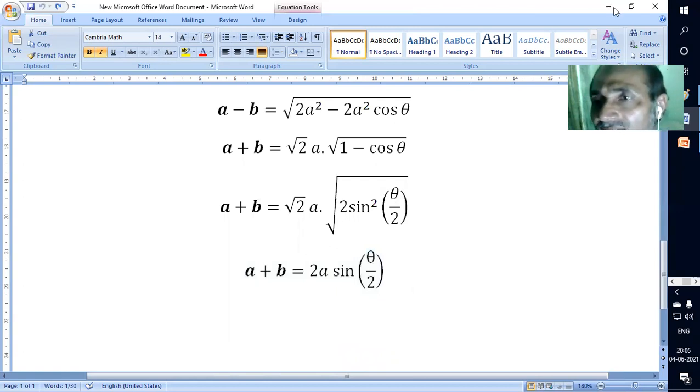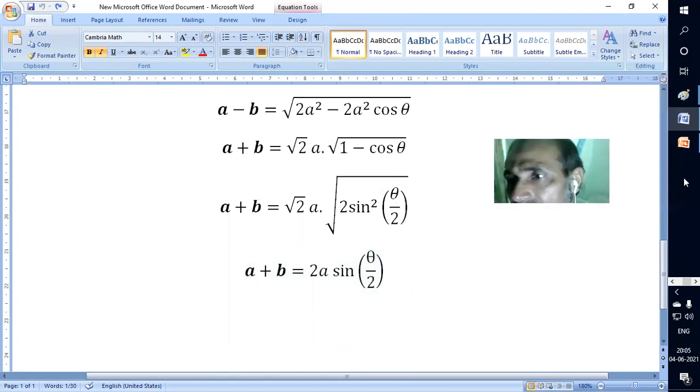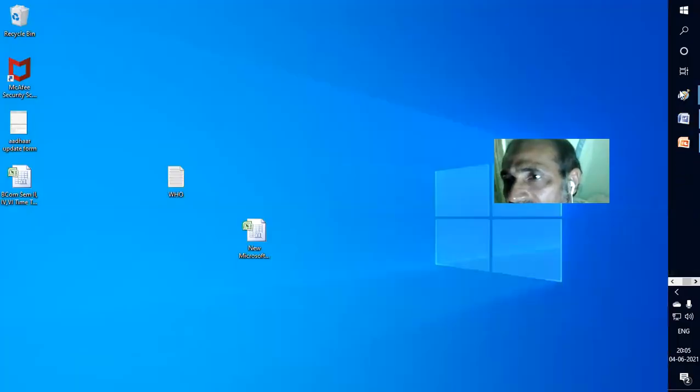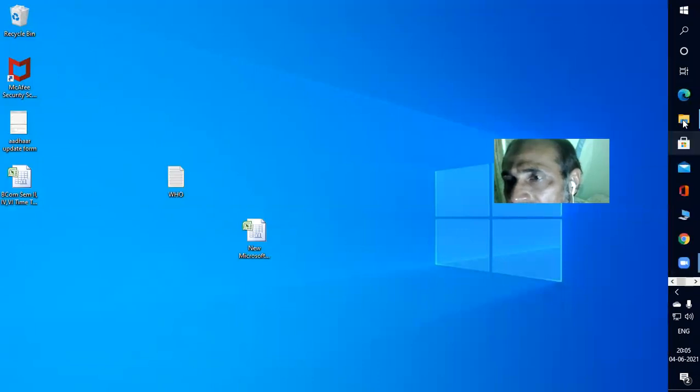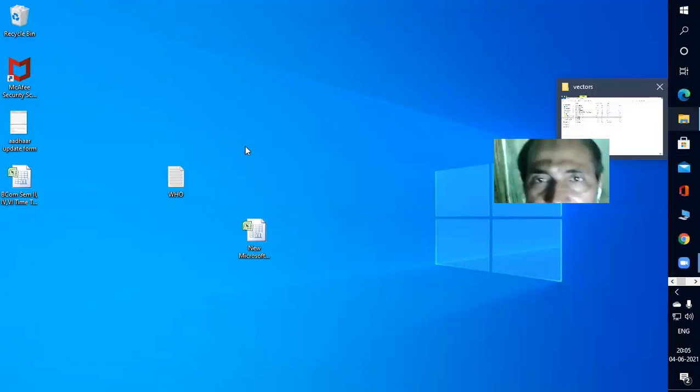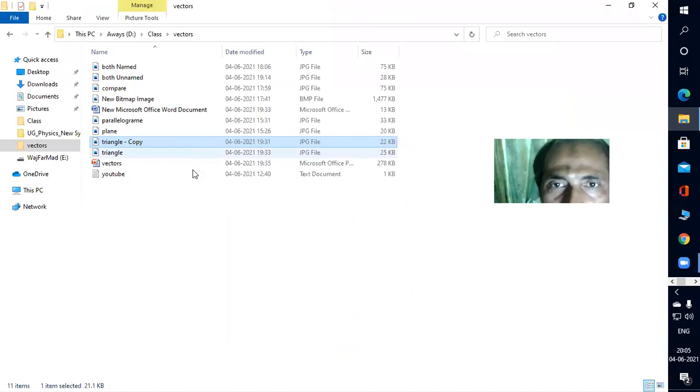And finally, at the end, I'd like to add one thing here. Suppose several vectors are given where all the vectors can be drawn in the form of one polygon. Let me draw here like this.